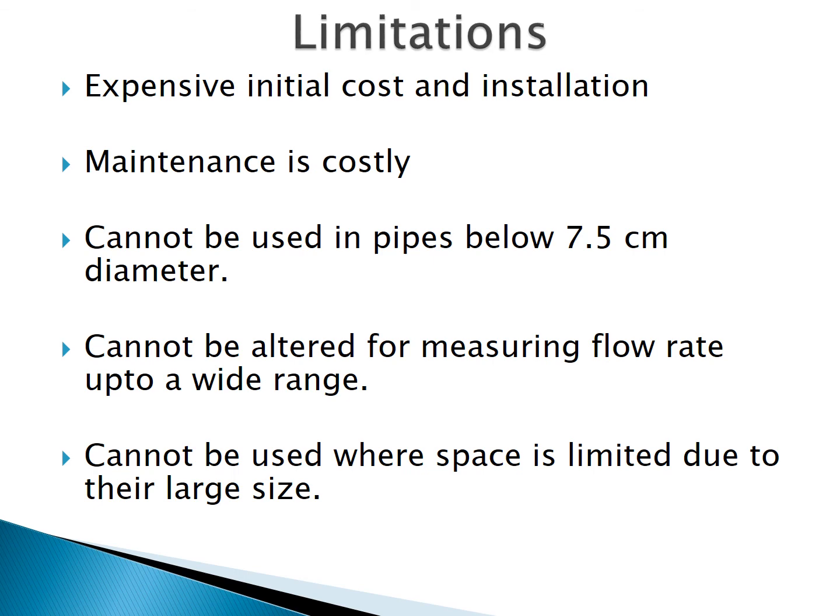It cannot be altered for measuring the flow rate over a wider range, and it cannot be used where there is a space limitation, right? Because you have to fit it in the pipe, it's a converging and diverging section. No doubt, the initial cost and installation cost are very high. So these are some of its limitations.